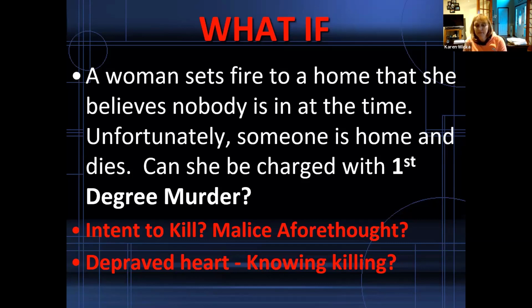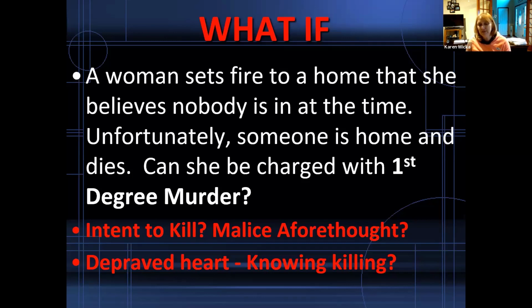And then we have depraved heart, knowing killing. Do we even have that? Because, you know, you could say it's virtually certain if you set a house on fire that somebody's in, that somebody's going to die. But if she thought nobody was home, she doesn't really even fit depraved heart or knowing killing, because she intended to act and it wasn't virtually certain if she thought the person wasn't home.